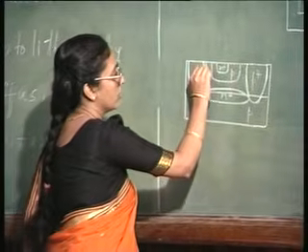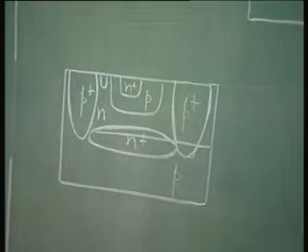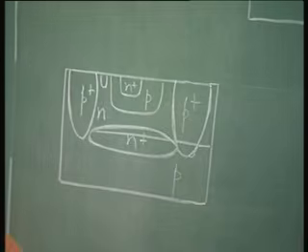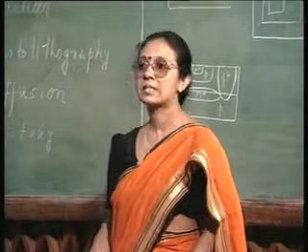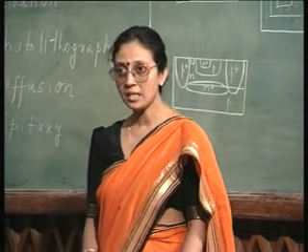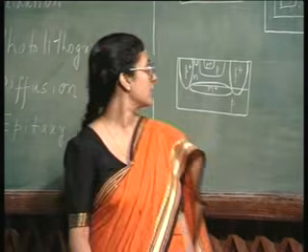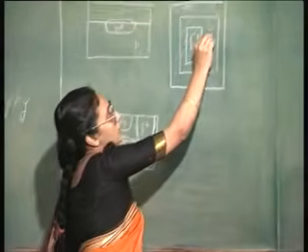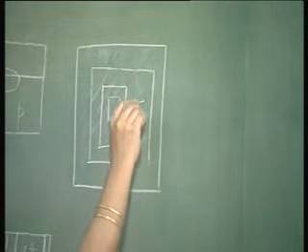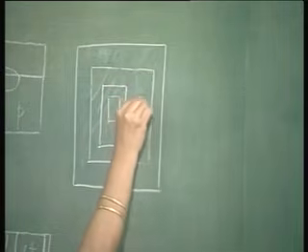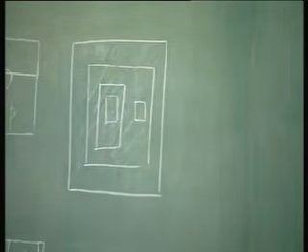You can have it here, a small pocket for collector contact. This needs no extra step. This can be done along with the emitter diffusion. Only thing is, for that you need to have a small opening inside the active region.